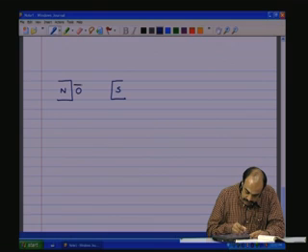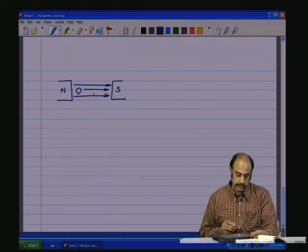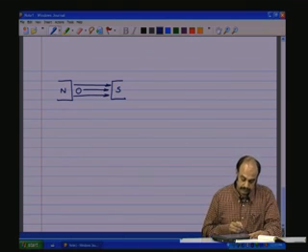Let us say that there is a field which is existing from north to south in this direction. Now, this is a conductor.